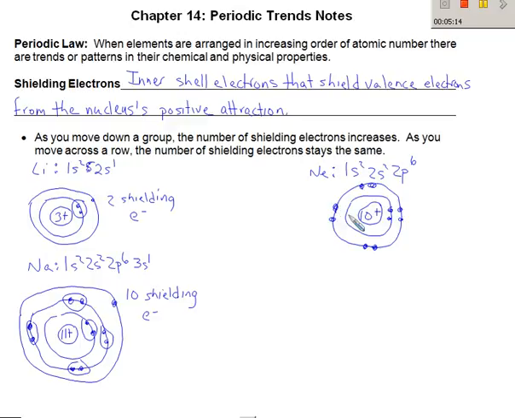Now let's put a little oval around our shielding electrons. And you can see that as we go across the row, we still have just 2 shielding electrons for this entire period. So the number of shielding electrons stays the same as we move across a row. It increases as we go down a column.